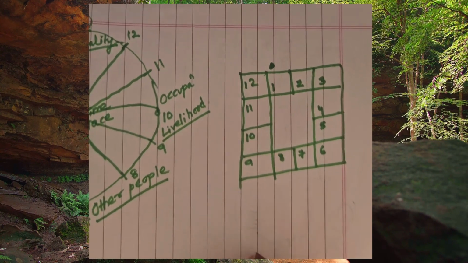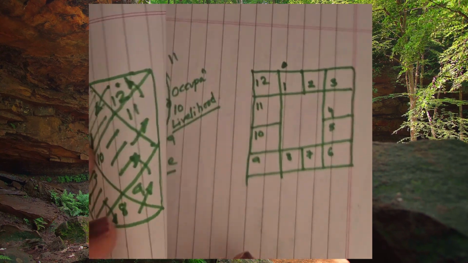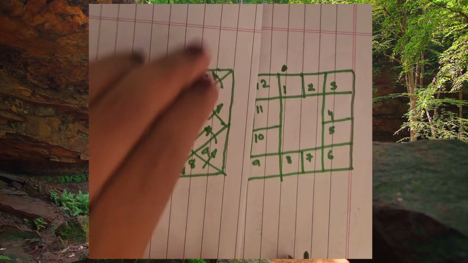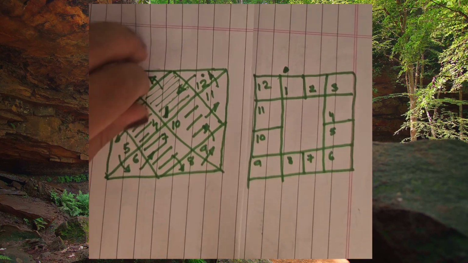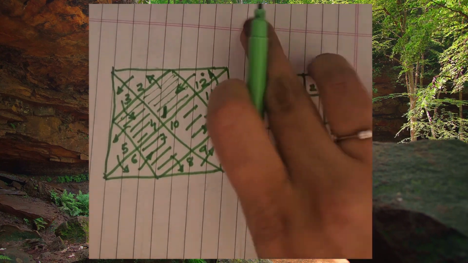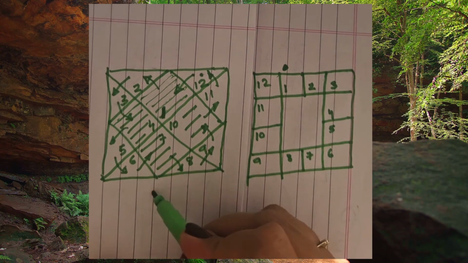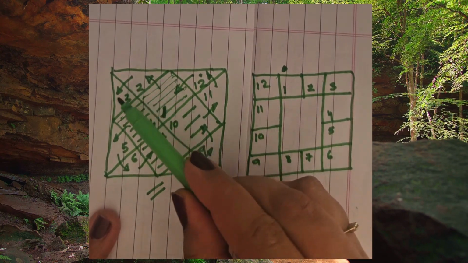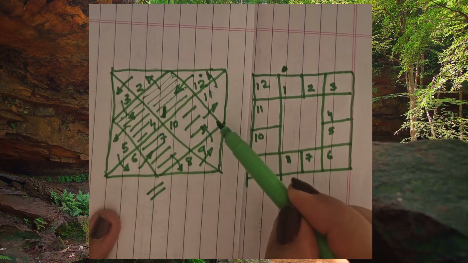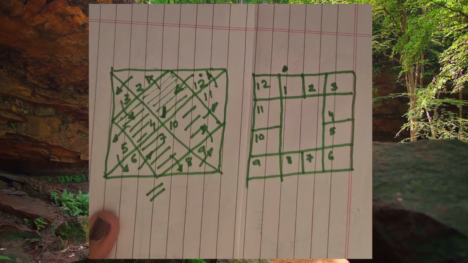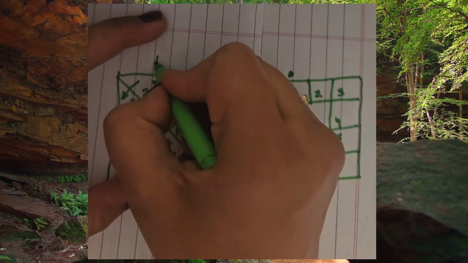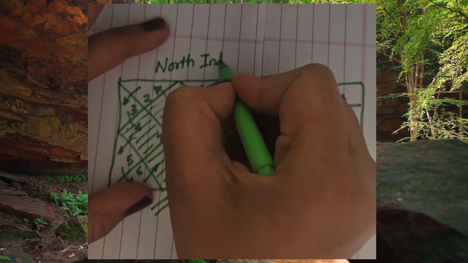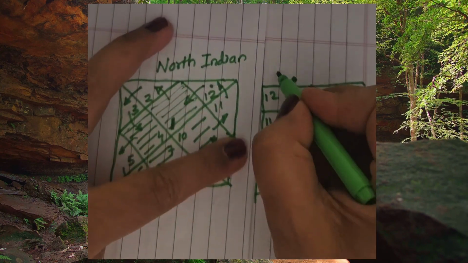In the case of the North Indian chart, let me bring both these things side by side so you understand better. In the case of the North Indian chart, it goes in an anti-clockwise direction. This is the North Indian chart, and this is the South Indian chart.